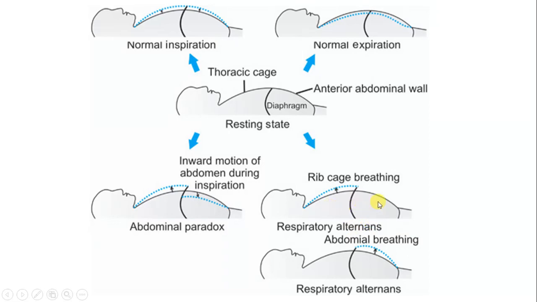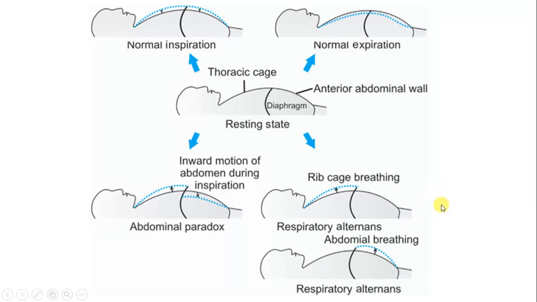So when there is rib cage breathing, that's thoracic breathing, the abdomen does not seem to be moving at all. Only the chest wall is moving. But you may have seen some persons lying down whose abdomen is moving outward and inward during inspiration, and their chest seems not to be moving at all.